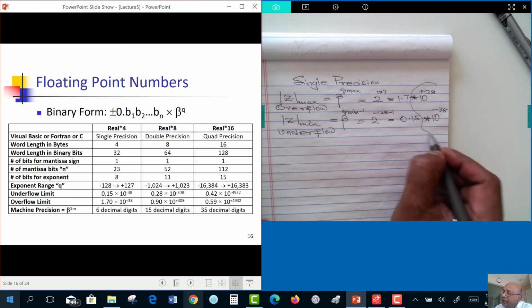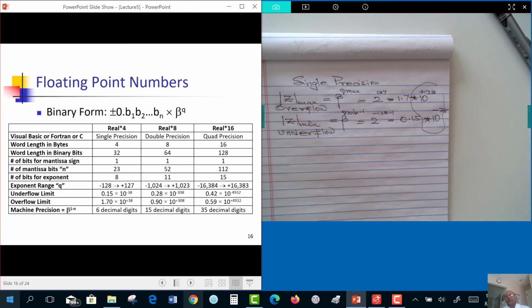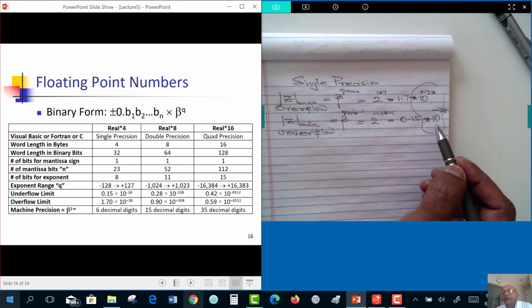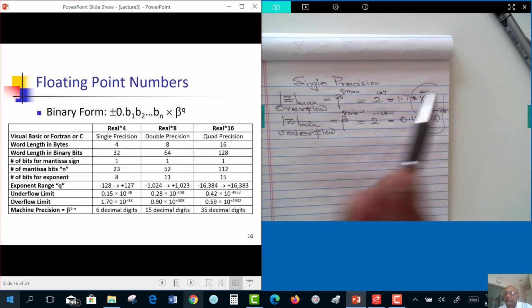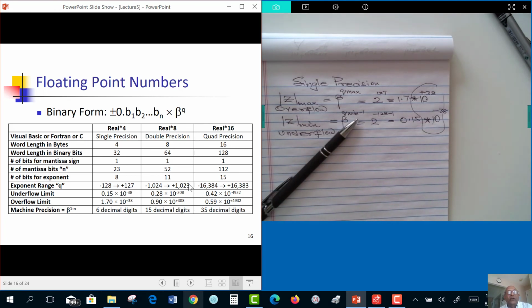So you can see that in single precision, we can store and represent numbers in the range from 10 to the minus 38 to 10 to the power plus 38. You should attempt to calculate this and this in the next two columns on your own.